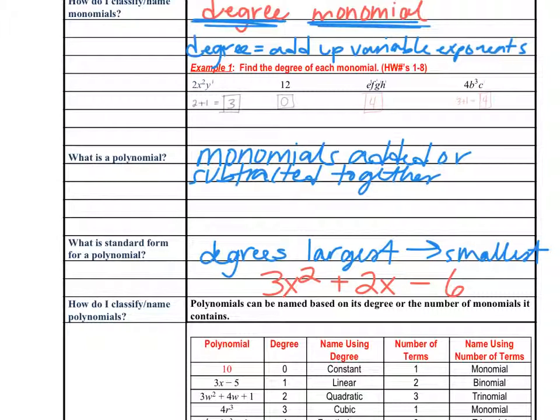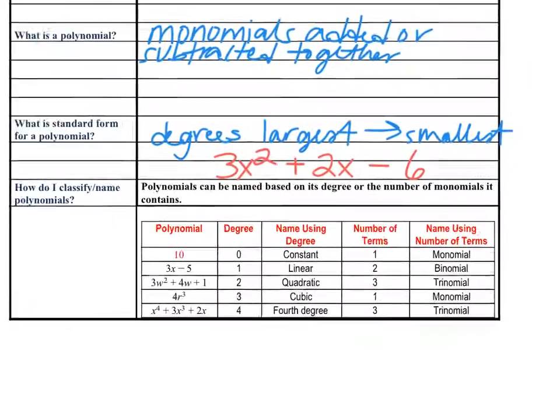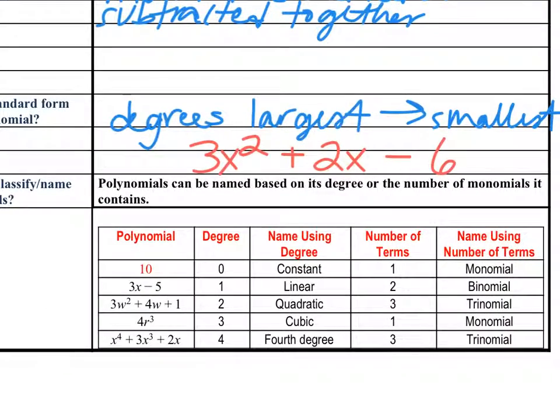Okay, just like monomials have names, polynomials get names. And we name them the same way. We name with a degree and then the number of terms. So when you're naming, first thing you tell me is what's the degree, and there's a specific name for the degree. And then you'll tell me the number of terms.